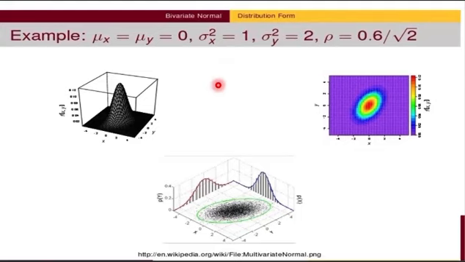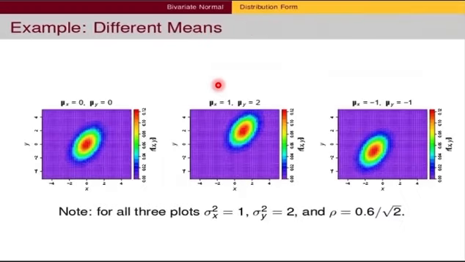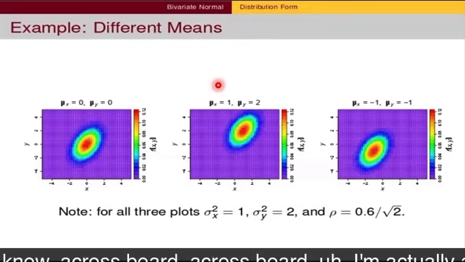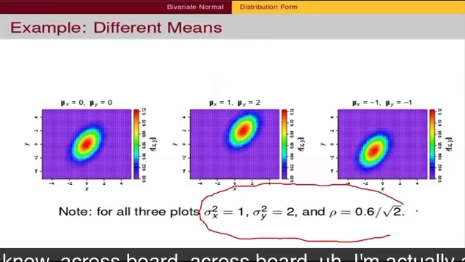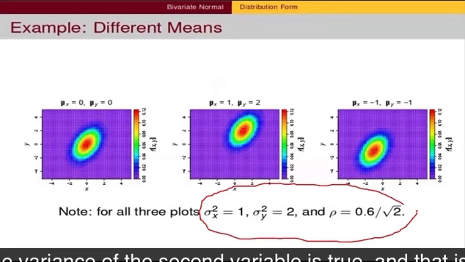Now, what if I want to talk about different means? If you take a look at what I have, across the board, I'm assuming that the variance of the first variable is 1, the variance of the second variable is 2, and that is the correlation.